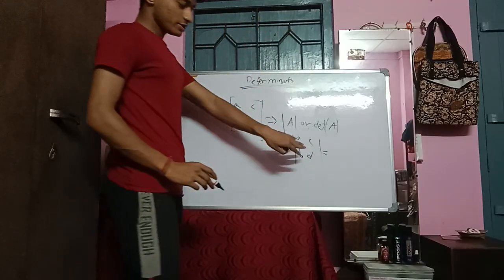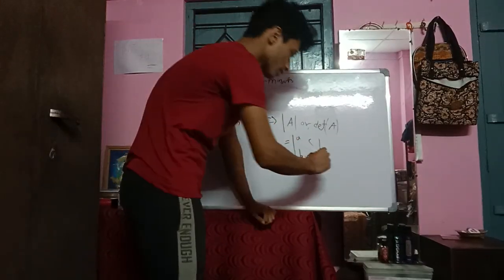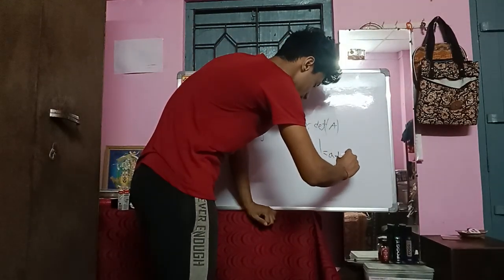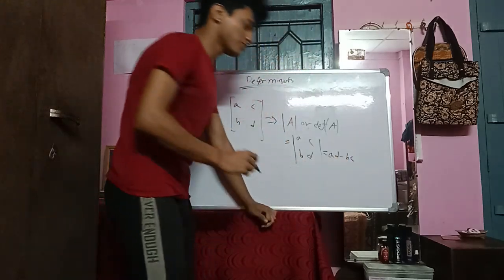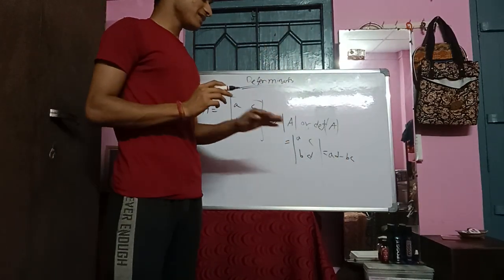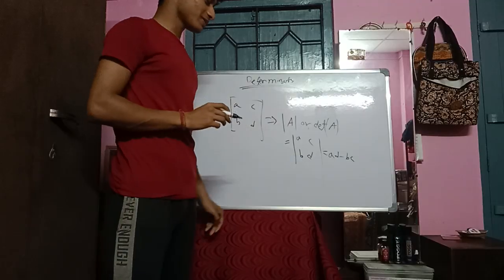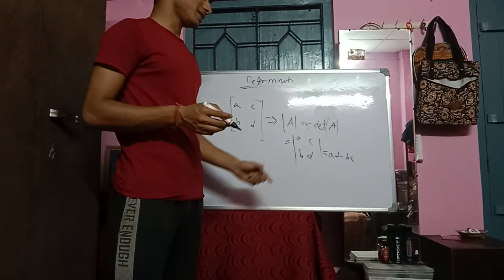Now the value of this determinant would be A times D minus B times C, and you probably won't have a single idea what is going on here, what is a determinant, and so on.